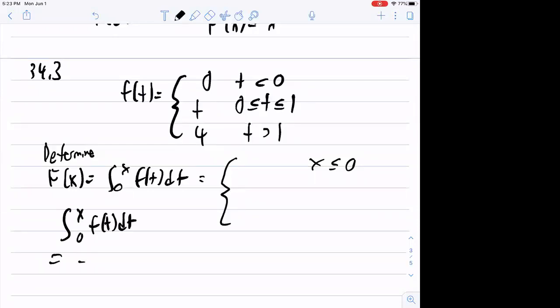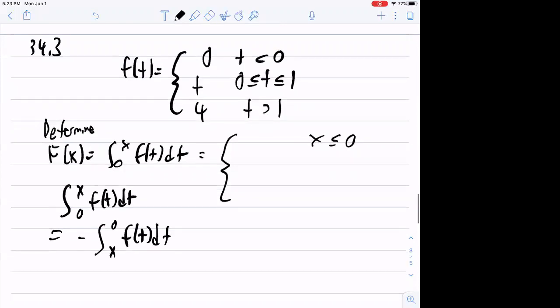Since we normally order it the other way, this is negative of the integral from x to 0, right? And I'm integrating from a negative number or 0 to 0. So I'm in this range, right? So I'm just integrating the 0 function, right?